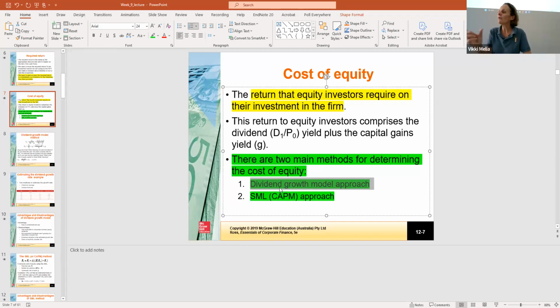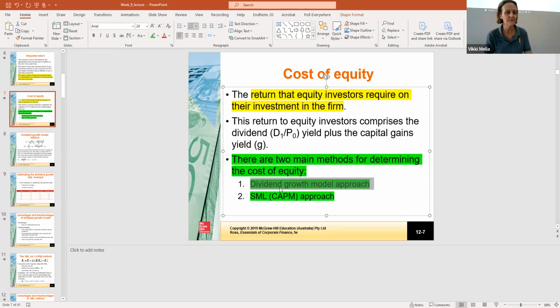But instead of calculating P, the price, we're going to calculate R, the shareholders' required rate of return. We've covered this in week 5, but we're just rearranging the equation to find R instead of finding P.